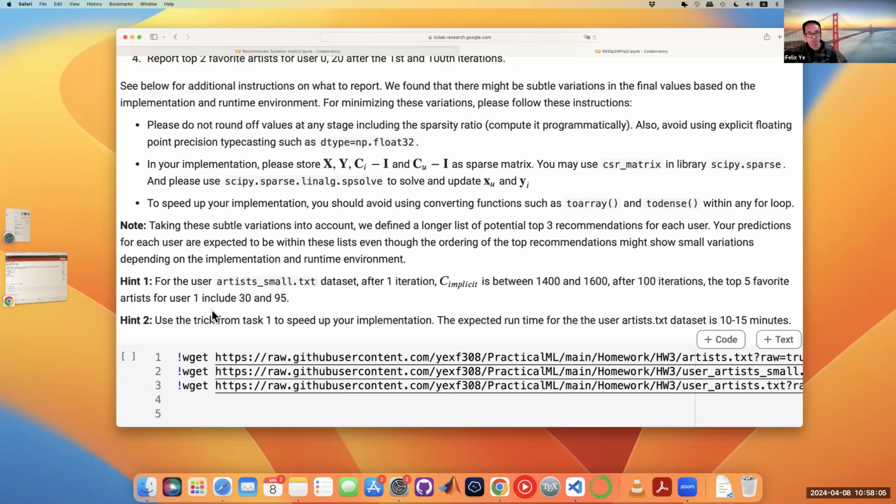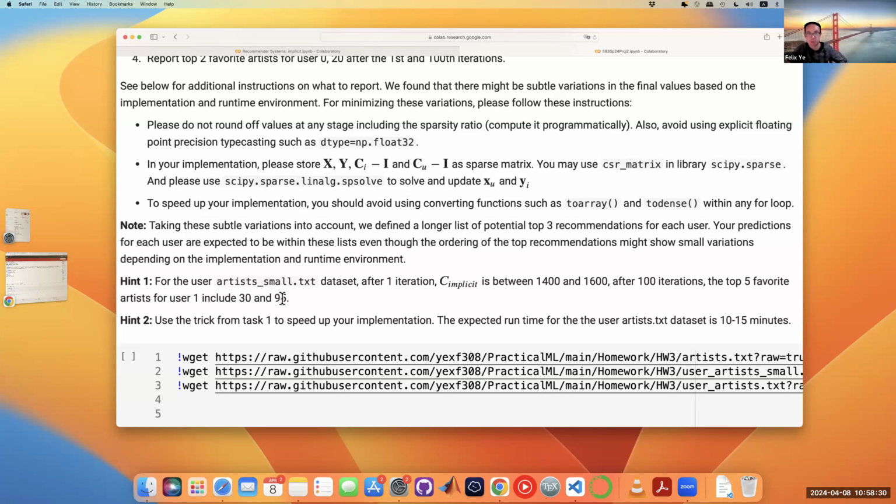I also provide some hints. That means if you want to work with that large data set, you should start with a small data set. After one iteration, this loss function will be between 1,400 and 1,600. After 100 iterations, the top 5 favorite artists for user 1 include 30 and 95.